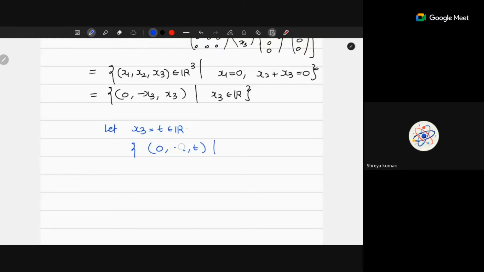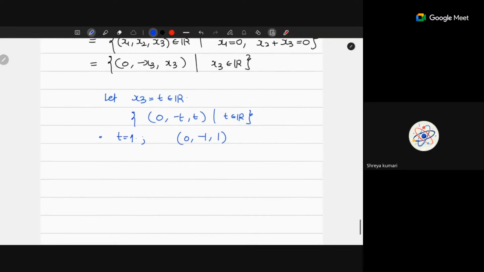And since there is only one independent variable, you just take t equal to 1 in order to find the basis. You get 0, minus 1, 1. So this will be your basis of the null space.